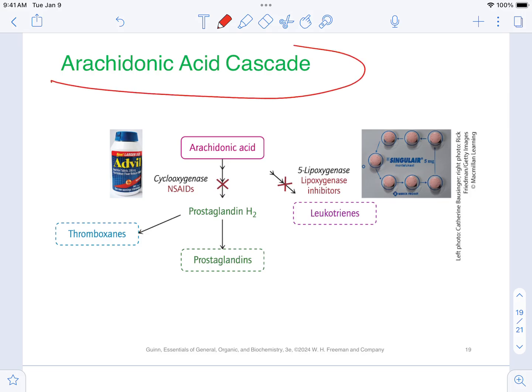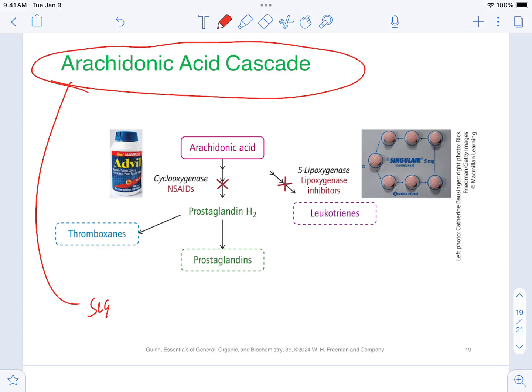So this right here, arachidonic acid cascade. After the arachidonic acid is hydrolyzed, it undergoes a sequence of reactions. This sequence of reactions is known as this cascade.